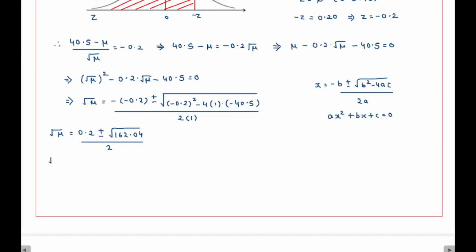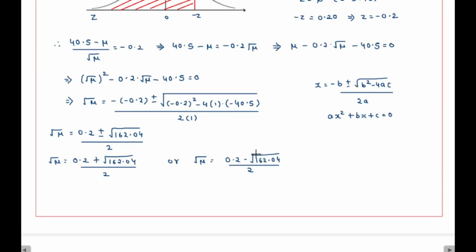Correct? So that means this root mu, basically I'll have two values: 0.2 plus root of 162.04 divided by 2, or root mu will be equal to 0.2 minus root of 162.04 divided by 2.